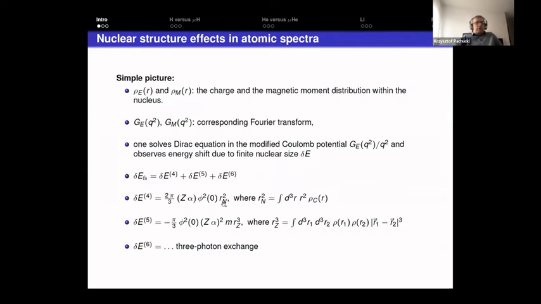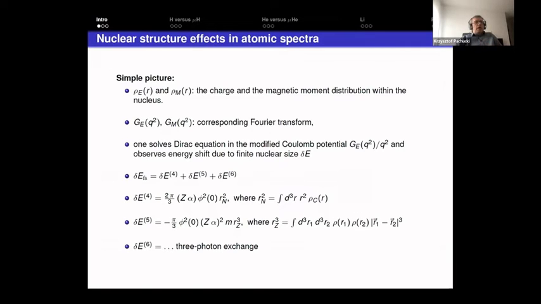This is a very interesting result, because when we compare theoretical predictions with experimental results, we can obtain the mean square charge radius of the nucleus. One of the reasons is that the other contributions, E5 and E6, are much smaller for electronic atoms.